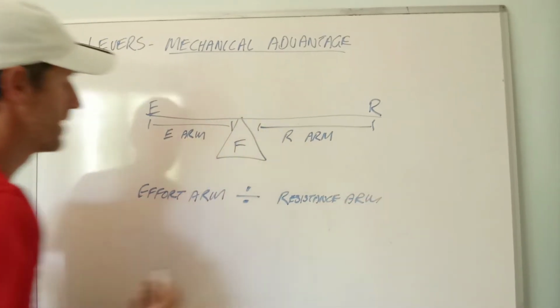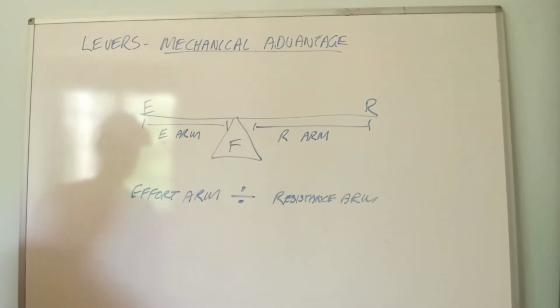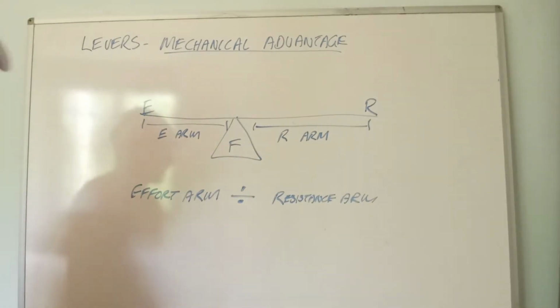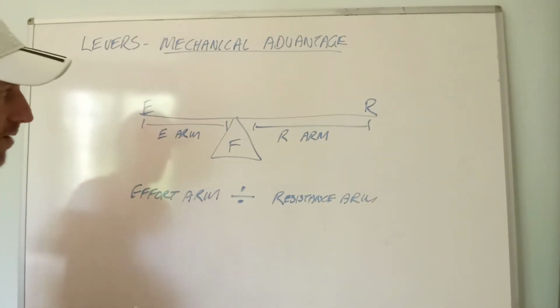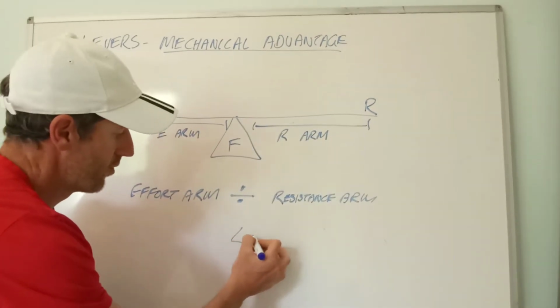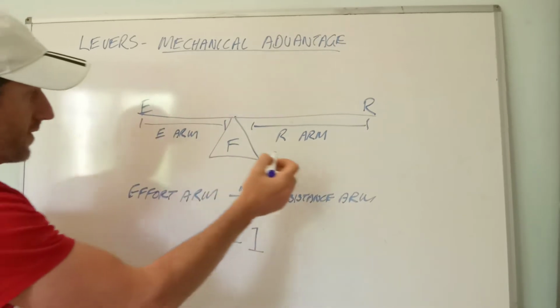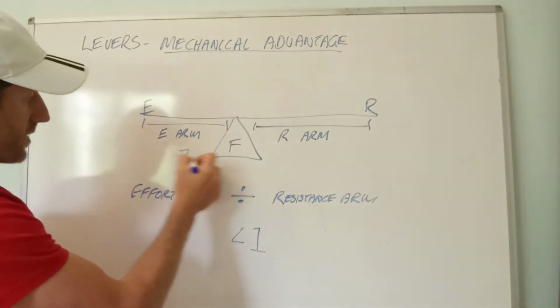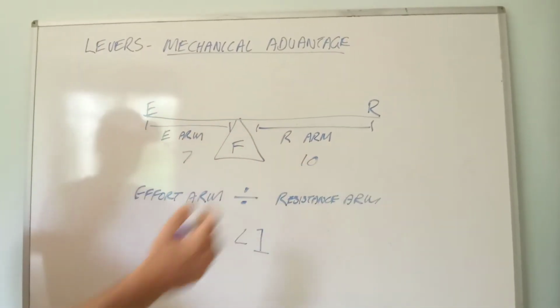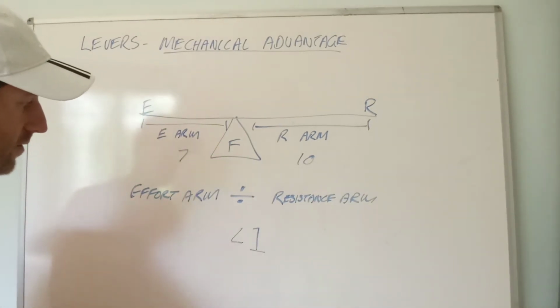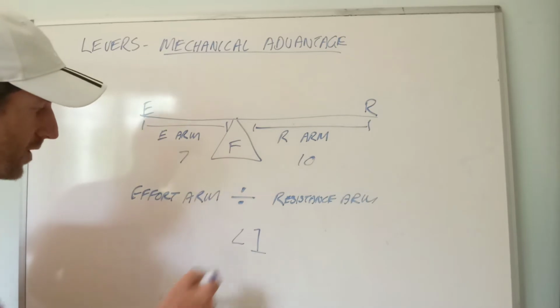Generally, if the effort arm is shorter than the resistance arm, the figure is going to be below 1. Say, for example, the effort arm was 7 centimeters and the resistance arm was 10. Then 7 divided by 10 equals 0.7, which is below 1.